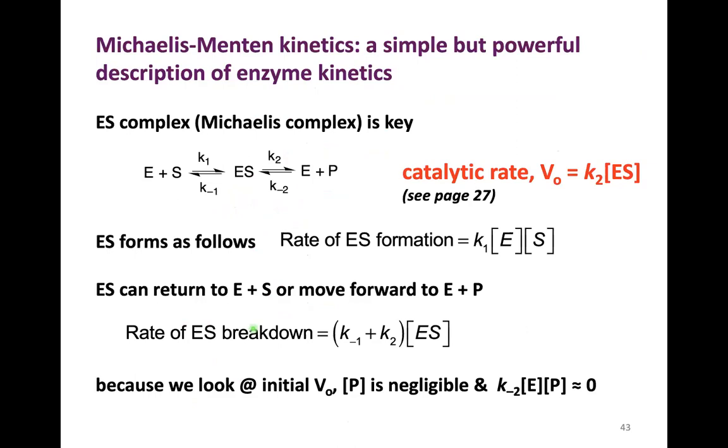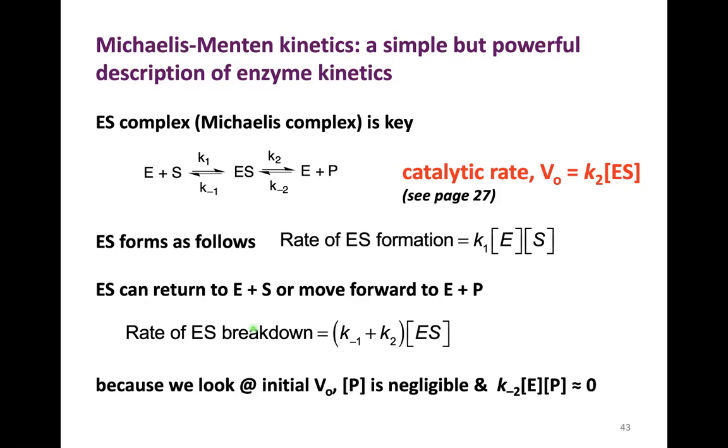So let's work through what's happening mathematically with this simple model of S being transformed into P in the absence of inhibitors. And so this is the very famous Michaelis-Menten model that was developed in the early 1900s, 1911, 1914, something like that, and well before the advent of calculators and computers.